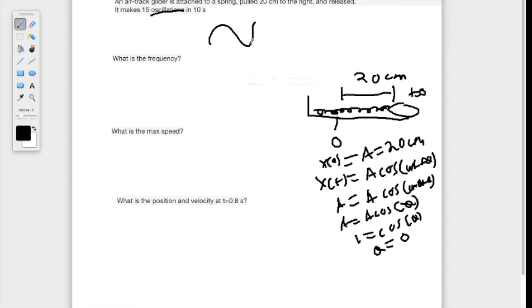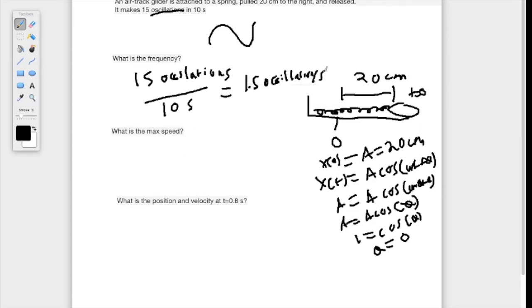You're going from 20 to 0 to negative 20, back to 0, and then back to 20. That is a full cycle, or an oscillation. So we have 15 oscillations in 10 seconds. So we get 1.5, my bad, cycles per second, or oscillations per second, which is our frequency.